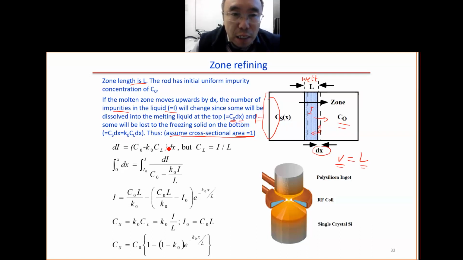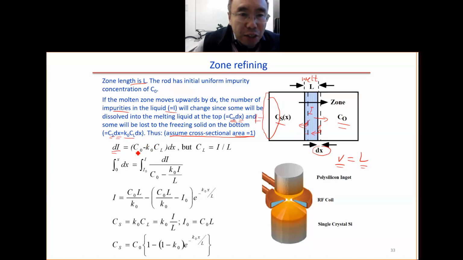This is how much gets in. And some part of the dopant from the liquid will get into the solid. This is the loss of the dopant from the liquid to the solid, given by Cs dx, where Cs equals k0 Cl.